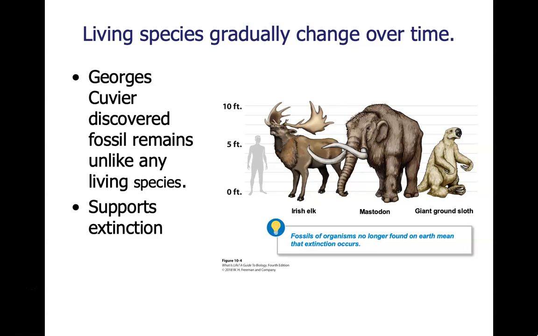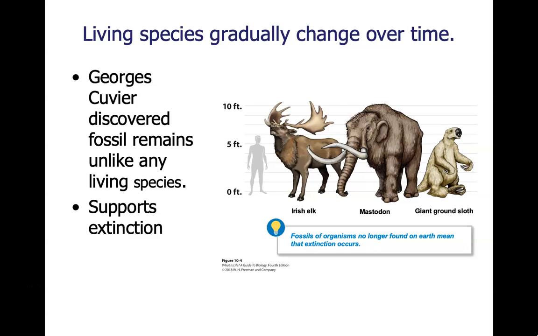So George Cuvier was another man who strongly influenced Charles Darwin, and Cuvier was basically a paleontologist. He discovered fossil remains at the bottoms of coal and slate mines, and he noticed that they were unlike any living species that were currently on Earth.